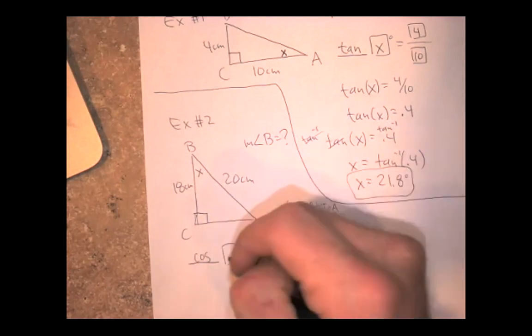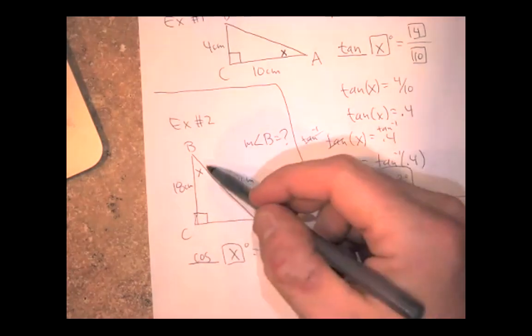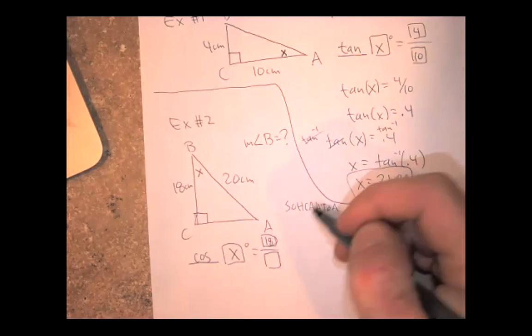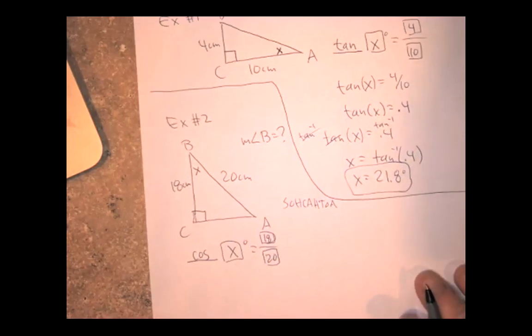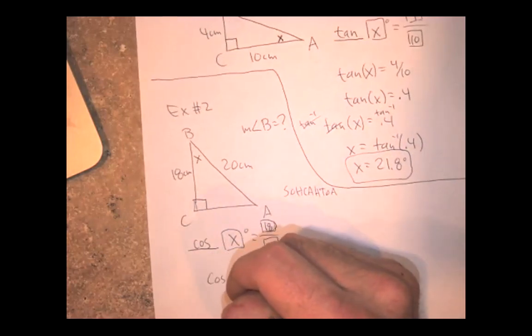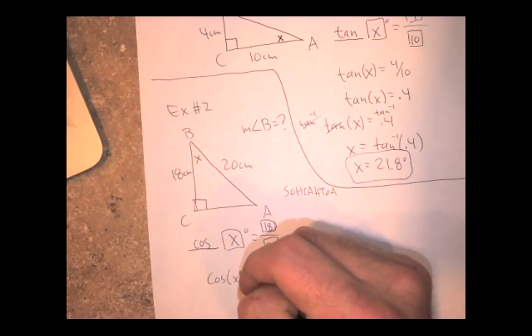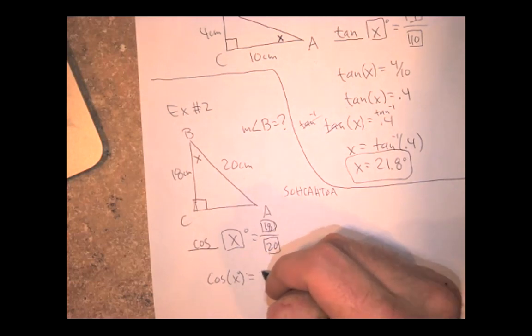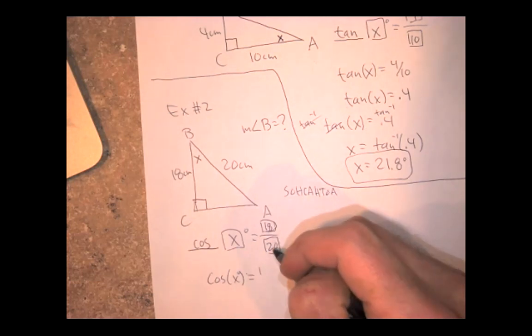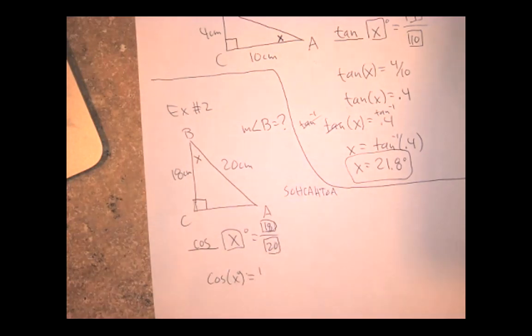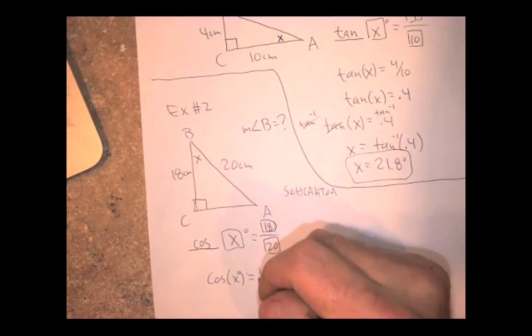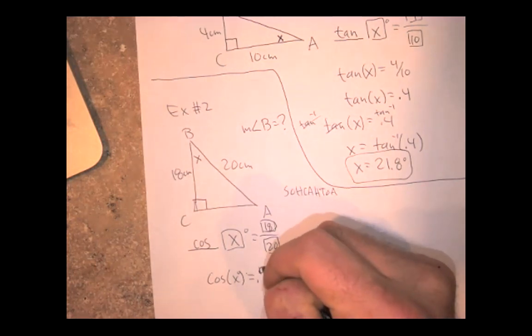So cosine of X equals adjacent 18 over 20. Let me just rewrite that clearly: cosine of X equals 18/20. I'm going to change that to a decimal already. 18/20 I know is 90%, 0.9.